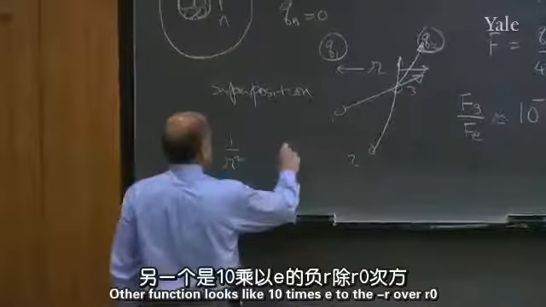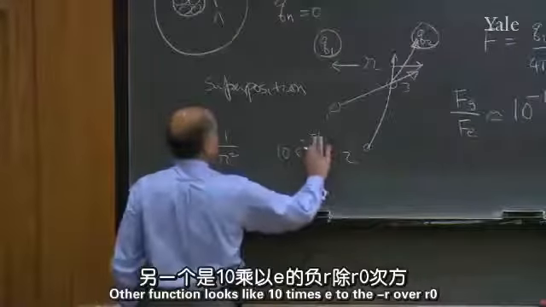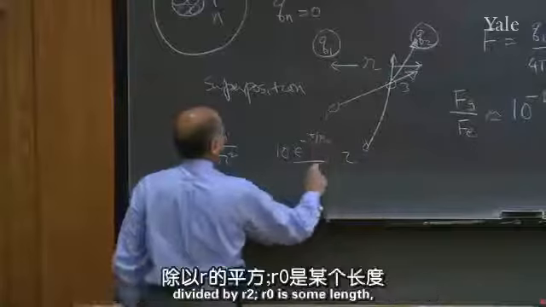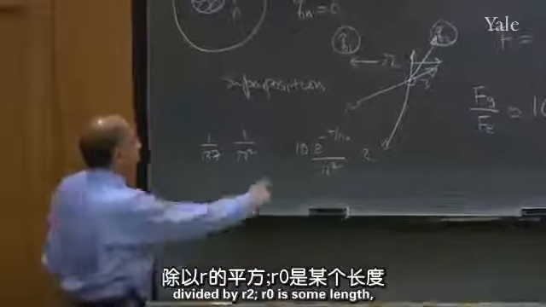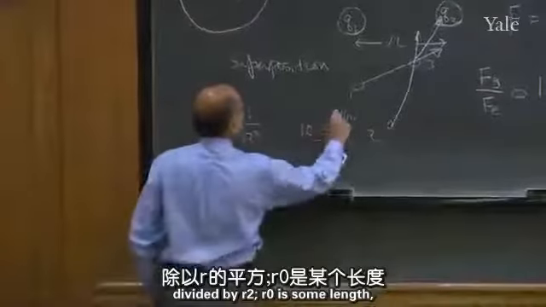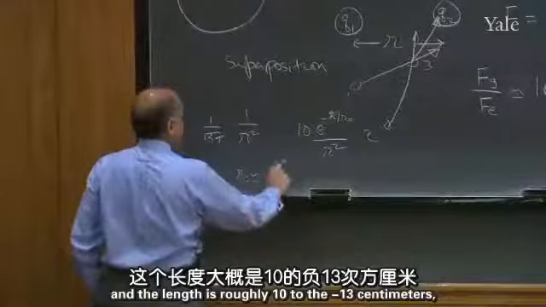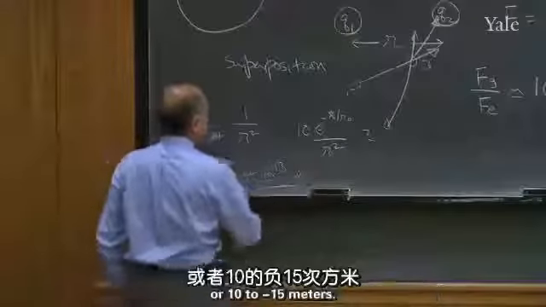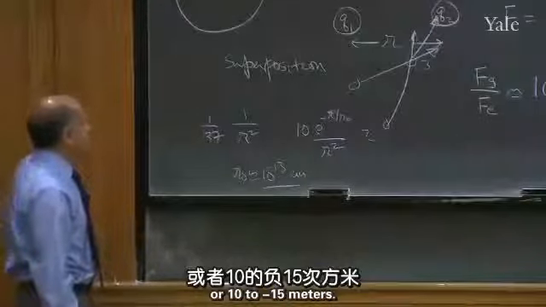Other function looks like 10 times e to the minus r over r naught divided by r squared. r naught is some length, and the length is roughly 10 to the minus 13 centimeters, or 10 to the minus 15 meters.